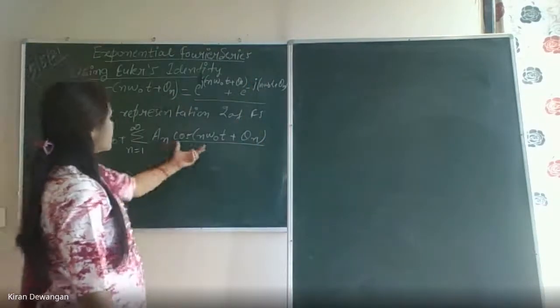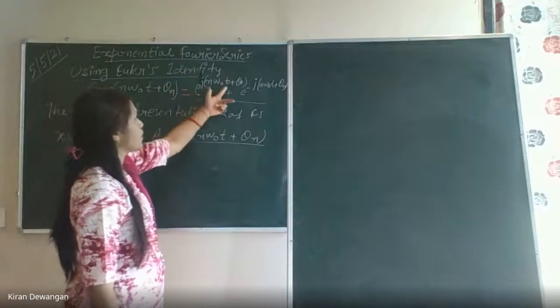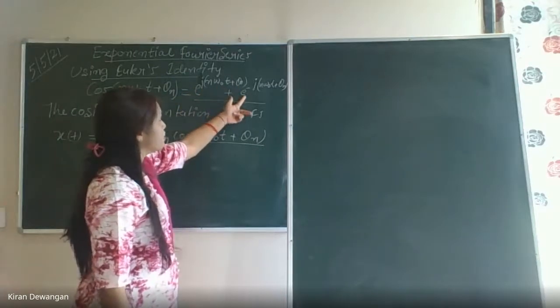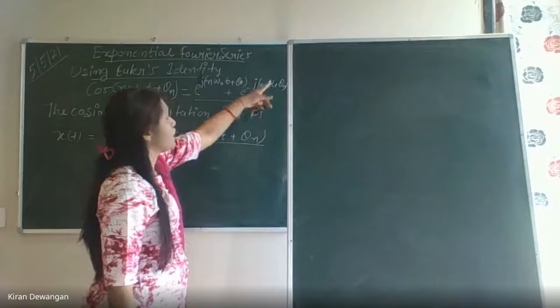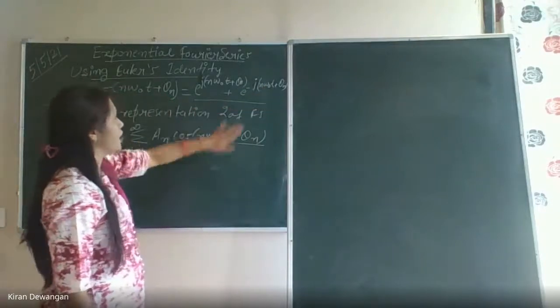Okay, so this becomes e to the power j(n omega naught t plus theta n) plus e to the power minus j(n omega naught t plus theta n) by 2.